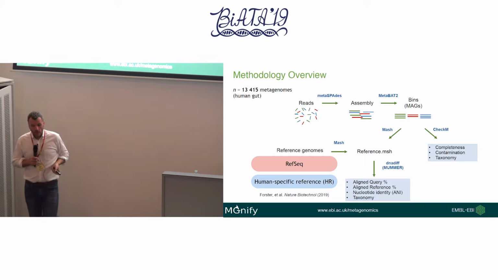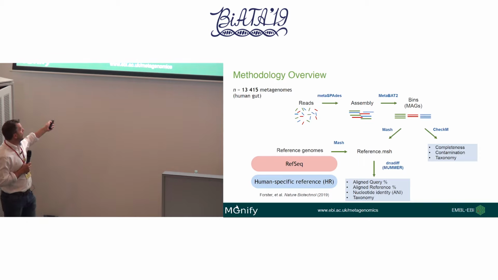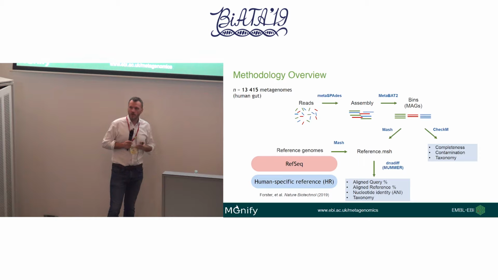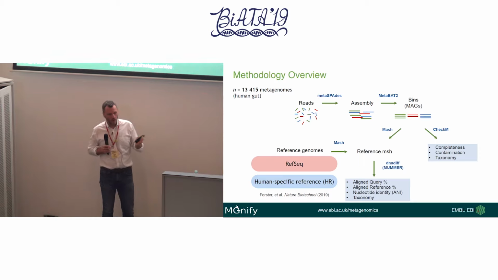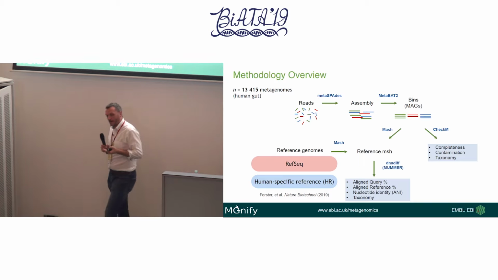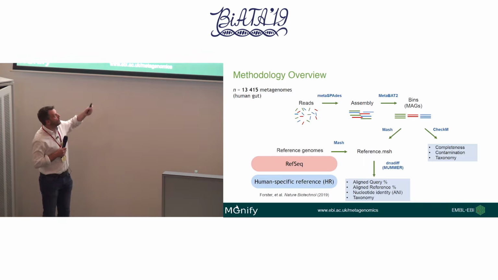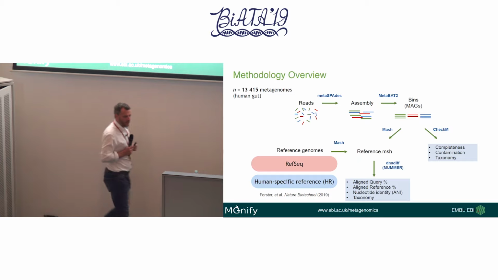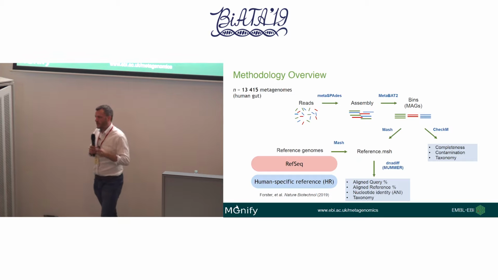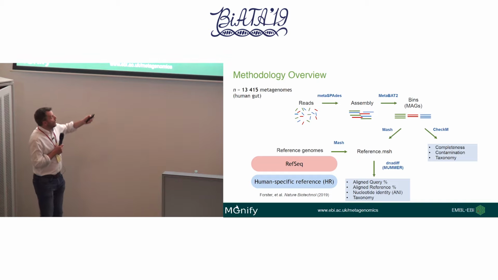Now what we could do is try and compare these isolate genomes to each one of these bins, but due to the sheer weight of numbers, we can't do an all against all alignment, so we just use MASH. We've heard a lot about min hashes. MASH is a tool that uses this sort of approach for finding a first approximation of the best genome that's going to match our bin.